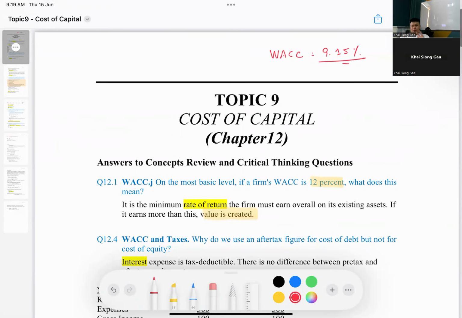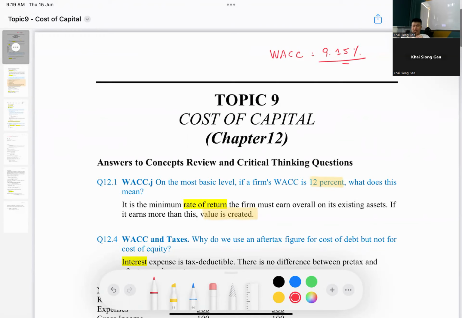In your exam, there will be a question asking you to make a decision. Referring back to that question, the WACC is 9.15%. Now if you are presented a project that can give you a return of 6%, will you proceed or will you not?